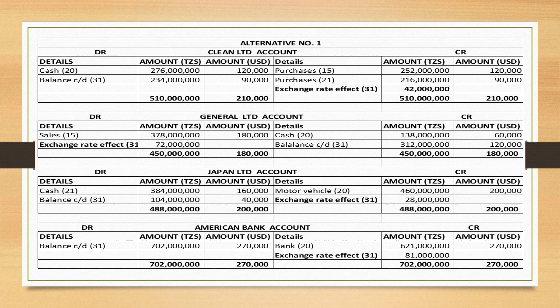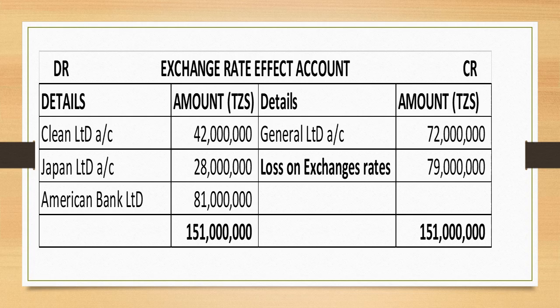So if you combine the effect of exchange rates for each particular account, you find that Clean Limited will result in a loss of 42 million, Japan Limited will result in a loss of 28 million, and the American Bank will result in a loss of 81 million.